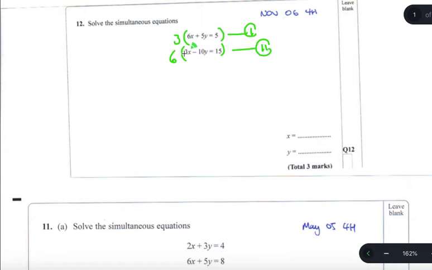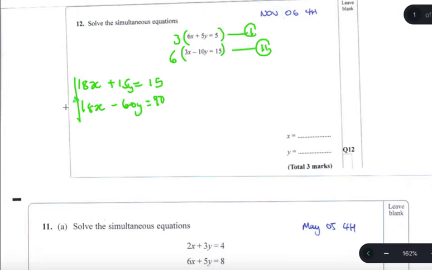When you are doing the elimination method, you swap. The coefficient of x in the second equation multiplies the first, and the coefficient of x in the first equation multiplies the second. So multiplying through, it will be 18x plus 15y equals 15, and then 18x minus 60y equals 90.